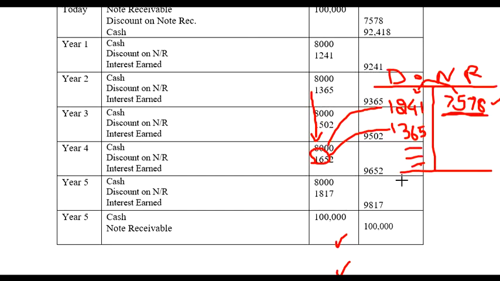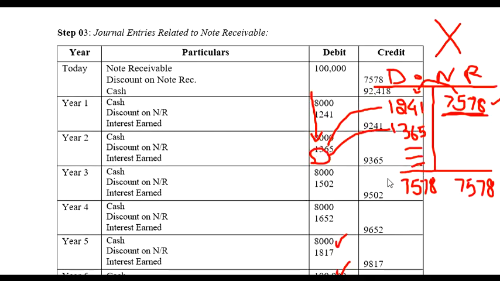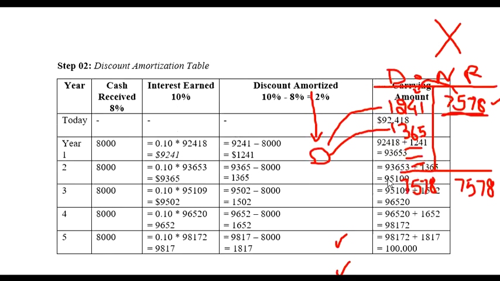At the end of the fifth year, the total of the debit side of this account will be 7,578, and the total of the credit side will also show 7,578. There won't be any difference. When there is no difference, the ledger account will be closed, it will finish, and it will not be transferred to the trial balance. So that was the required role of discount on note receivable.